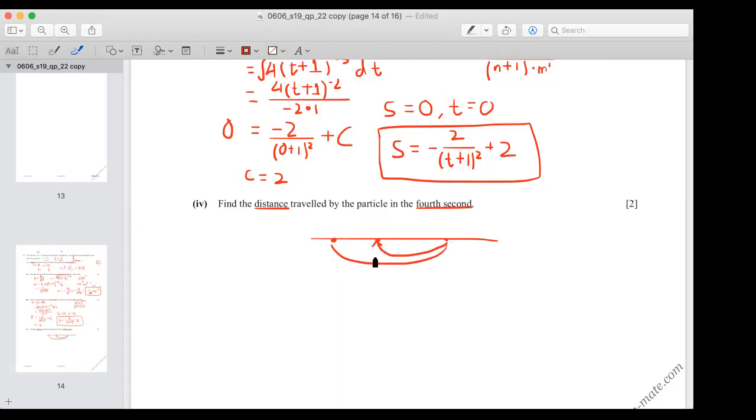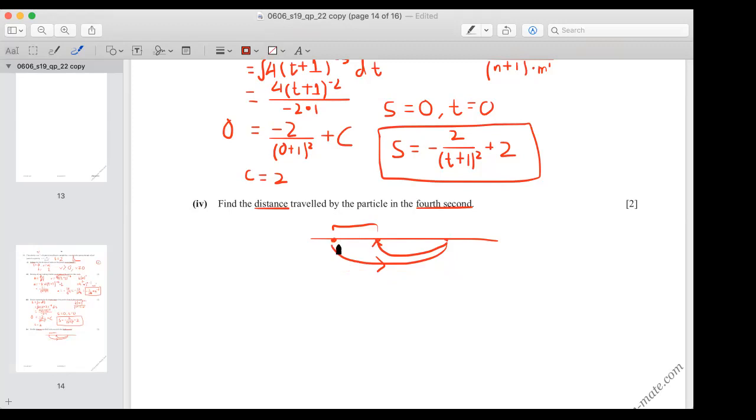Displacement is basically we only count this part, or in other words we use this distance and subtract this distance, because when you move back you technically decrease the distance.